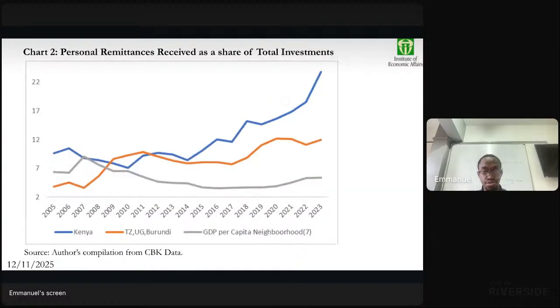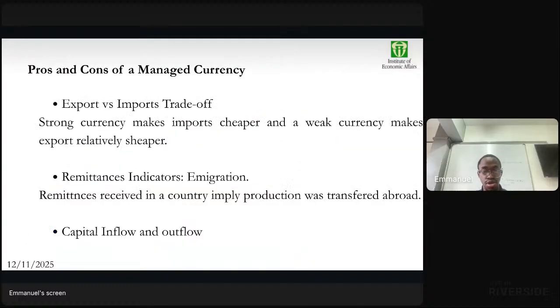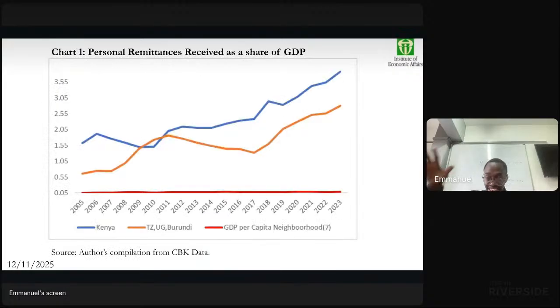So, what do remittances actually mean? They could indicate all kinds of things. We could boil it down to two. Kenyans abroad are sending more money to their fellow Kenyans, but more Kenyans might also be emigrating. If more Kenyans are emigrating, that means there are fewer opportunities in Kenya.